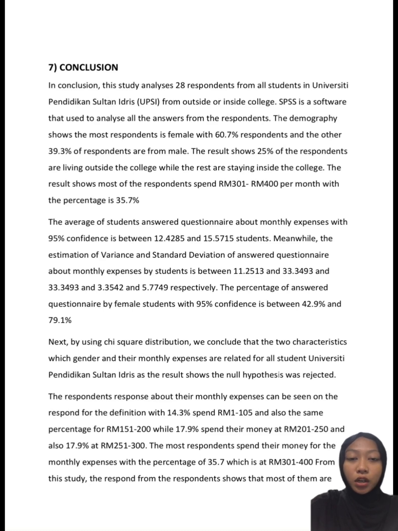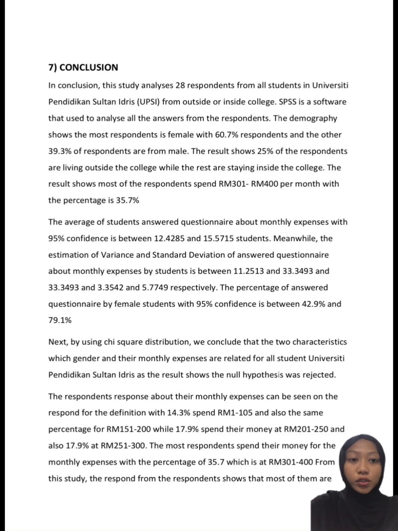Meanwhile, the estimation of variance and standard deviation of answers to the questionnaire about monthly expenses by students is between 11.2513 and 33.3493, and 3.3542 and 5.7749 respectively. The percentage of answers to the questionnaire by female students with 95% confidence is between 42.9% and 79.1%.